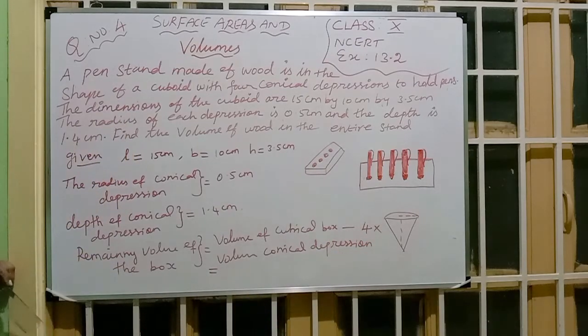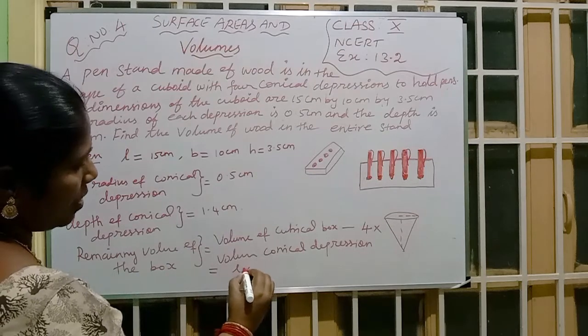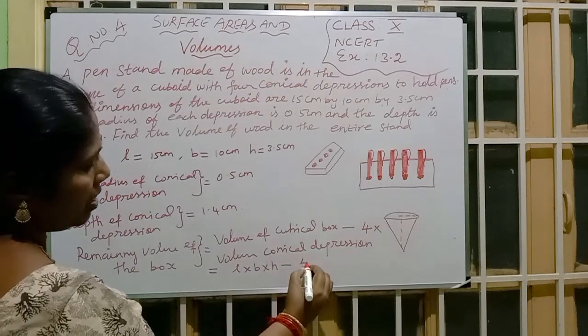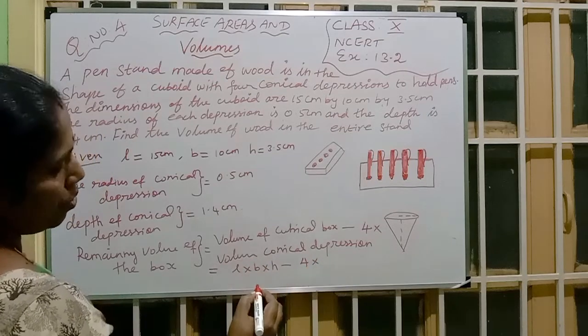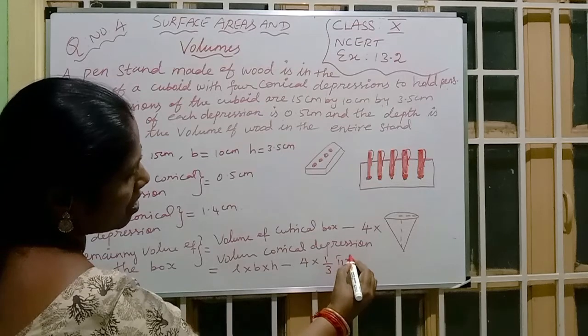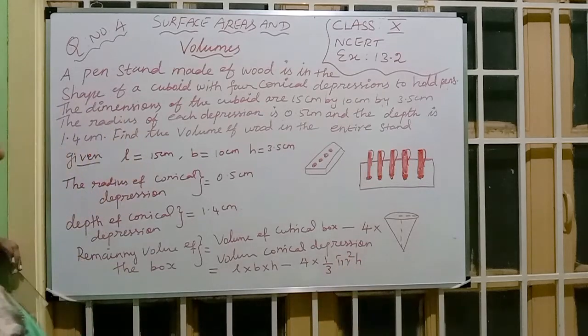Now apply the formula. Volume of cuboid is equal to l into b into h, minus 4 into volume of cone, which is 1 by 3 pi r square h.